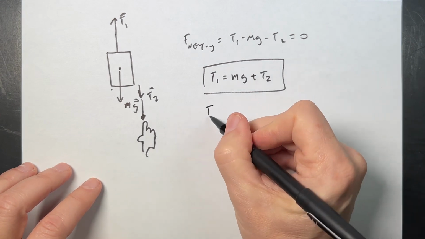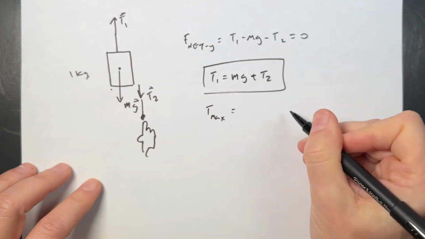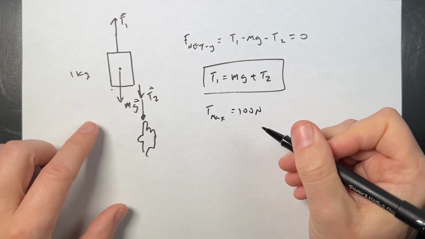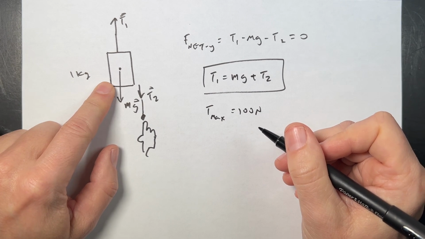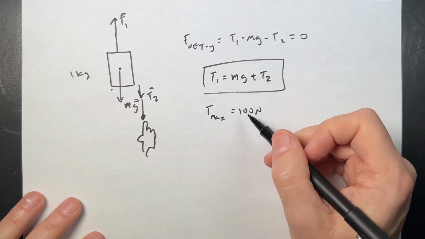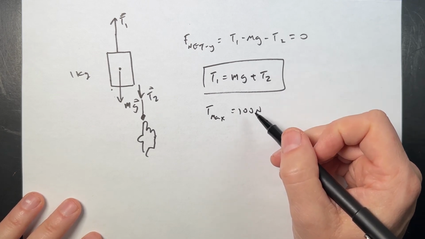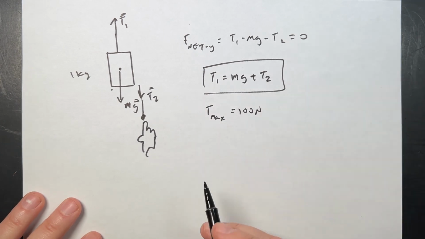So let's say there's some T max. Let's say this is 1 kilogram. So T max is 100 newtons, because the weight would be 10 times 1, 10 newtons. So if the tension's over 100 newtons, the string breaks. Well, T1's going to break first, because there's no way T2 gets there first.